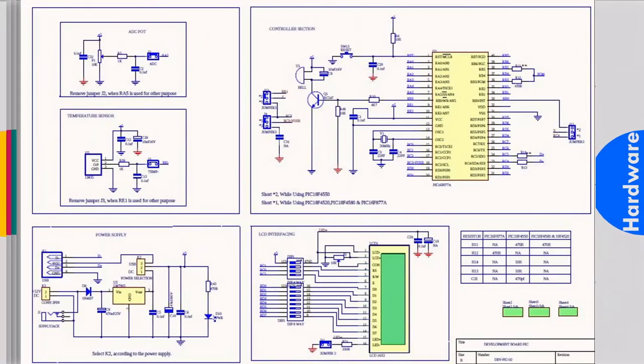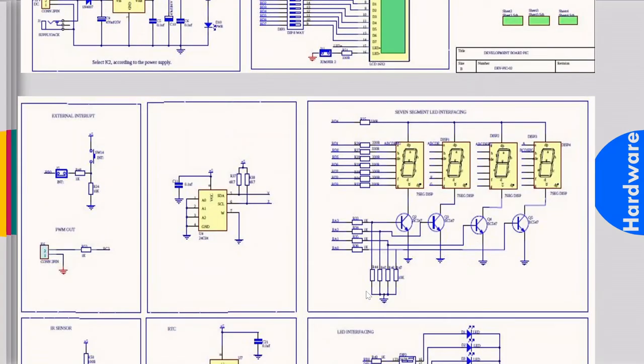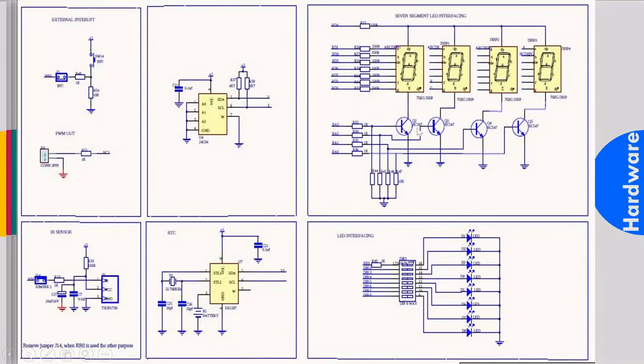And this is the circuit diagram or schematic of your development board. So this is your microcontroller. Then there is an ADC, potentiometer, temperature sensor. This is the power supply section, and the 16x2 LCD display. Then there is a 7 segment display. There is one memory IC, which is the EEPROM. There is an external interrupt button.